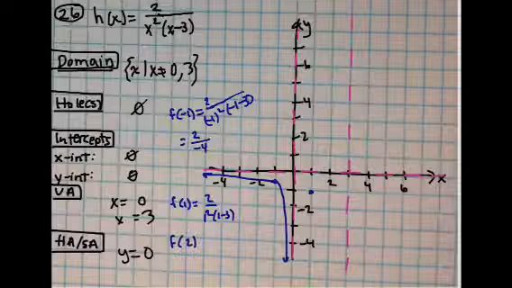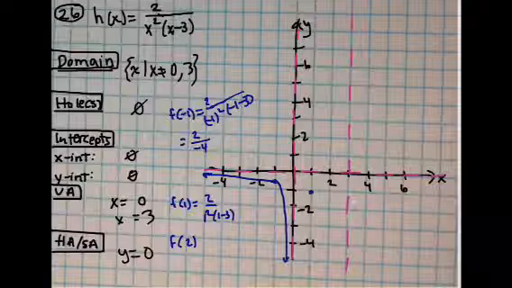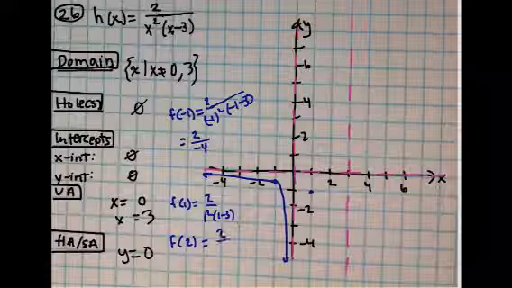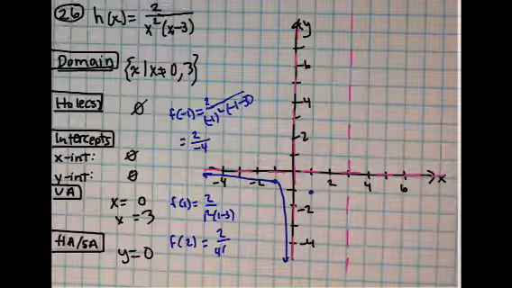And actually, let's see. Any number less than 3 is going to give a negative. Well, let me just get the value so I can get the point, and then I'll connect the points. So it's going to be 2 over 2 squared is 4, 2 minus 3 is negative 1. So that's negative 4, so it's negative a half.